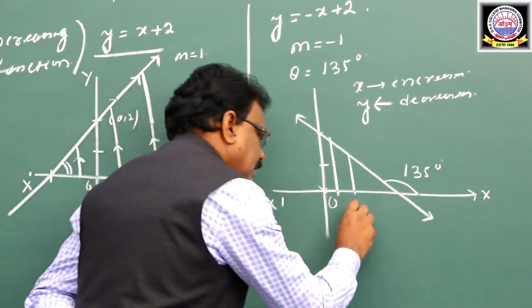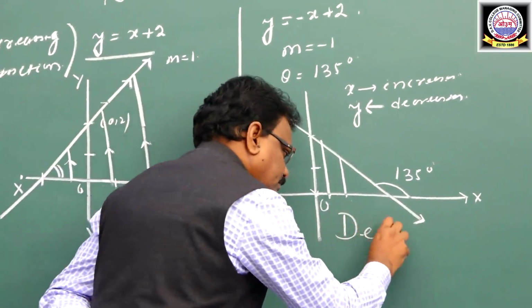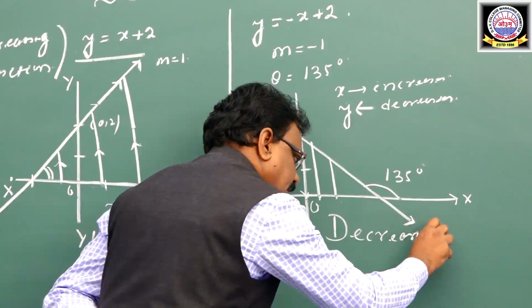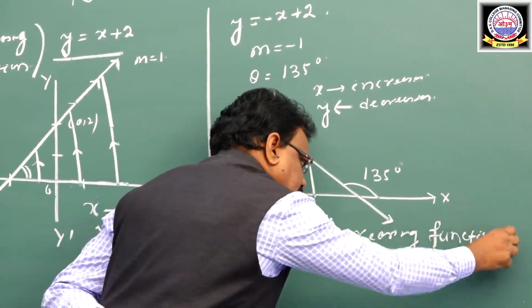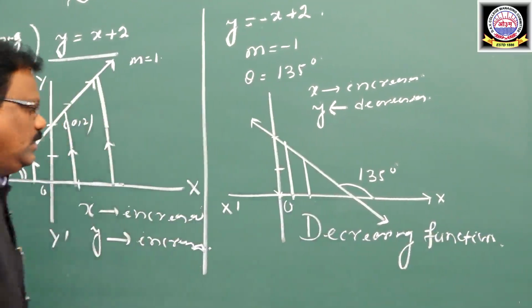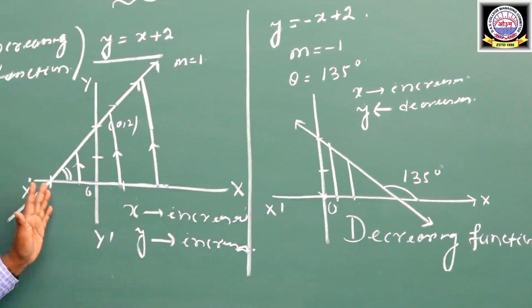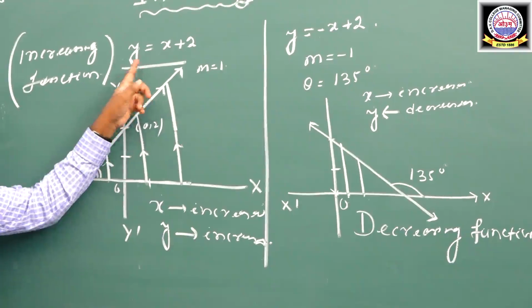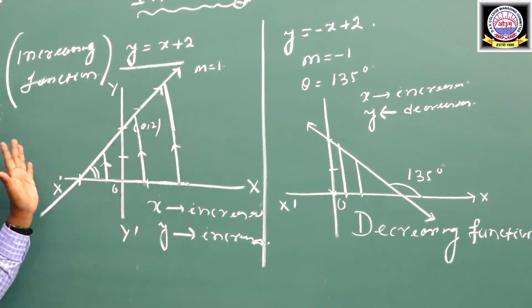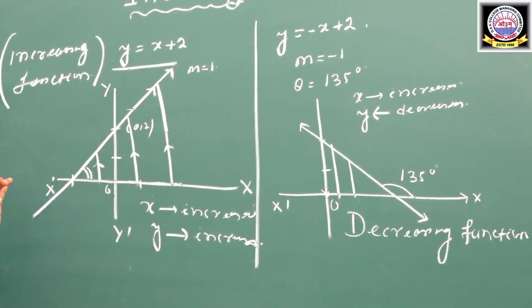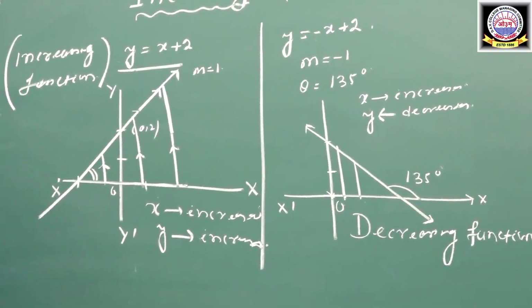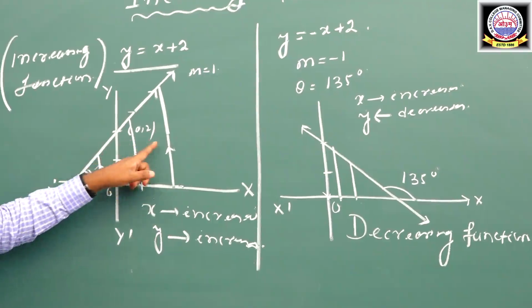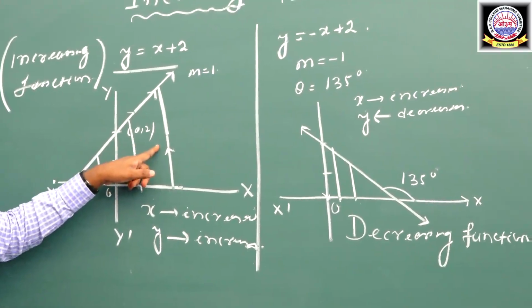So, it is called a decreasing function, and it is decreasing throughout the domain. Once again, I have taken two linear equations, y is equal to x plus 2 and y is equal to minus x plus 2, and the corresponding graphs are drawn in front of you.